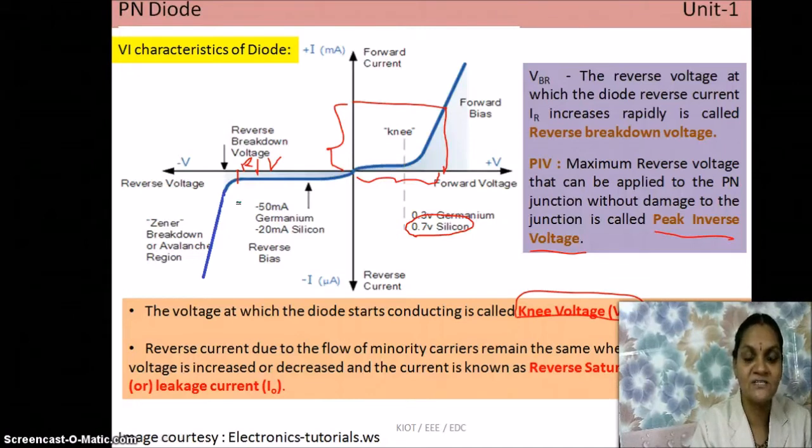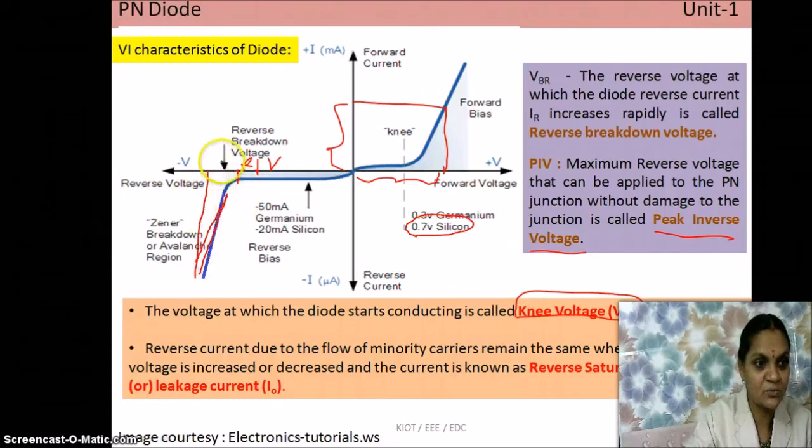Now the current starts to increase drastically. See here, at this particular voltage the current is increasing drastically. See this sloped line, right? The current increases drastically from this point to this point. We are increasing the voltage only up to this much, and see what happens to the current. This is not allowable.